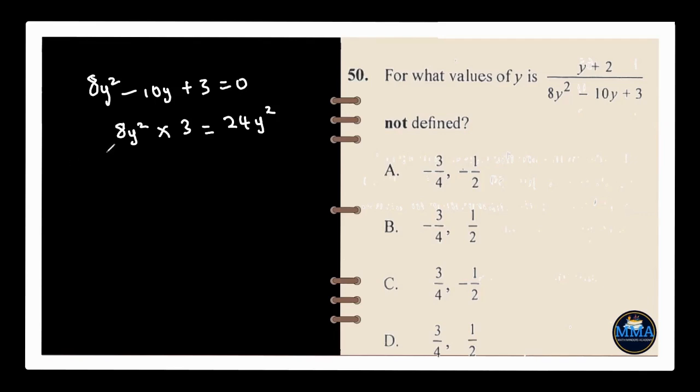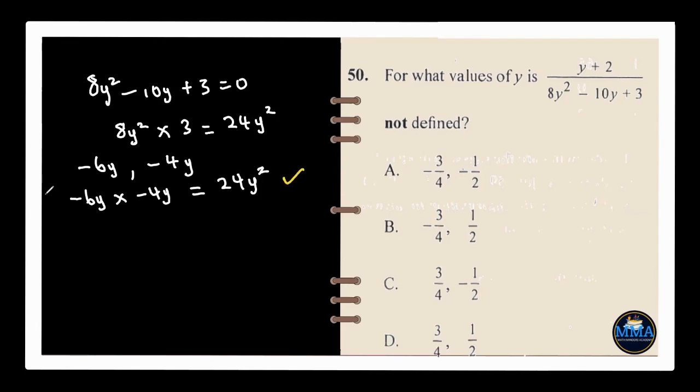If we list the factors of 24, there are many we can pick, but look at the factors that will satisfy that. If I take minus 6y and minus 4y, minus 6y times minus 4y gives us 24y². So that one is satisfied.